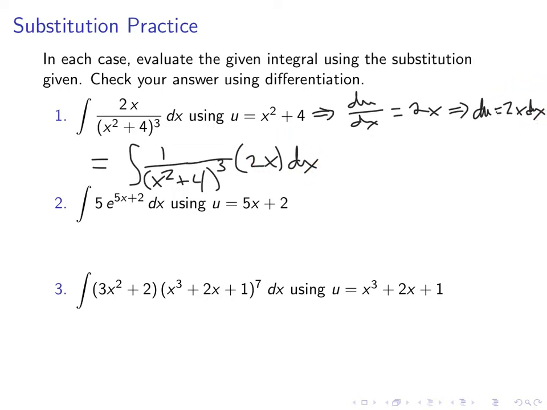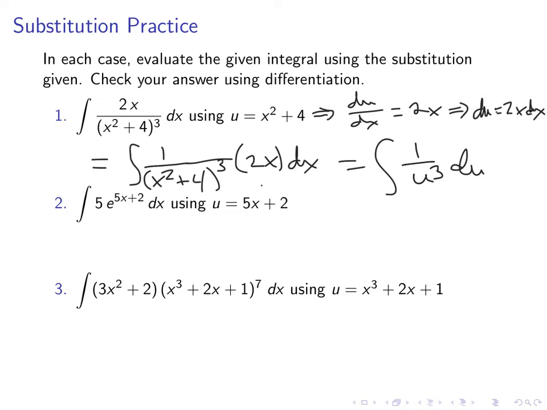There's 2x dx there. We're told here that it's equal to du. And so I changed this part into du. And then this piece, 1 over x squared plus 4 cubed, as I said before, that's just 1 over u cubed. So that's the new integral, completely in terms of u.